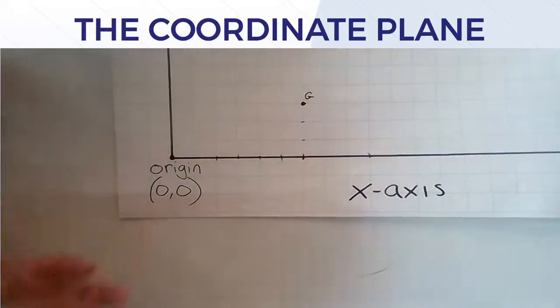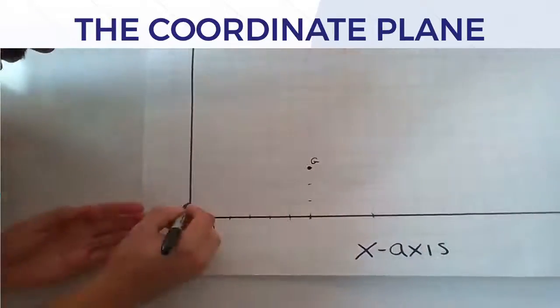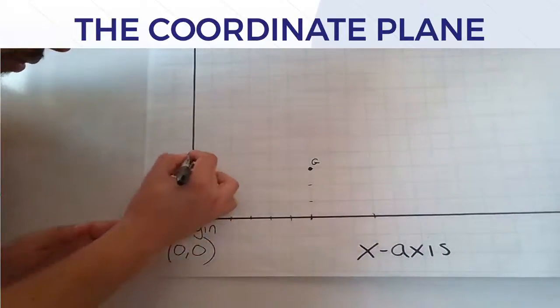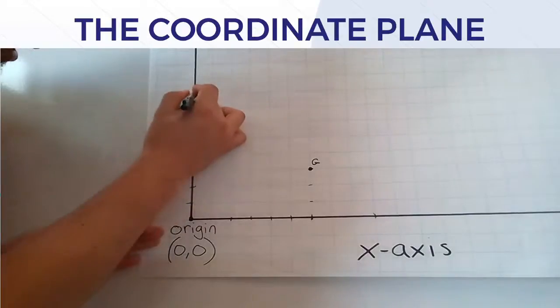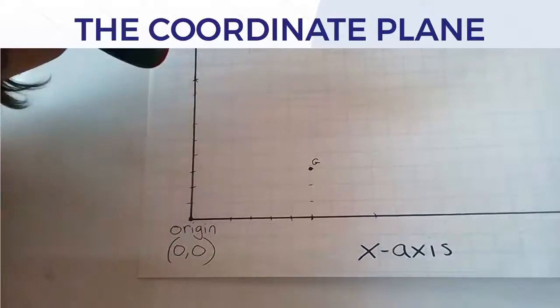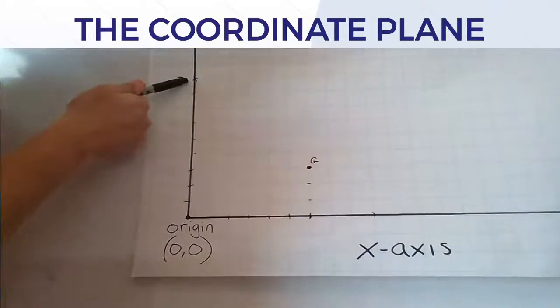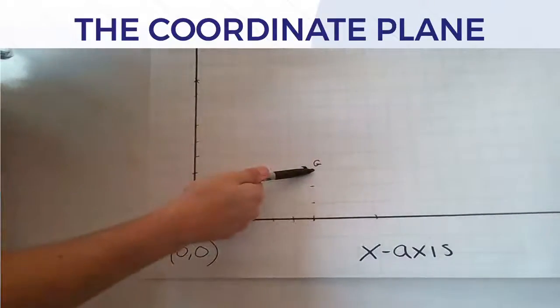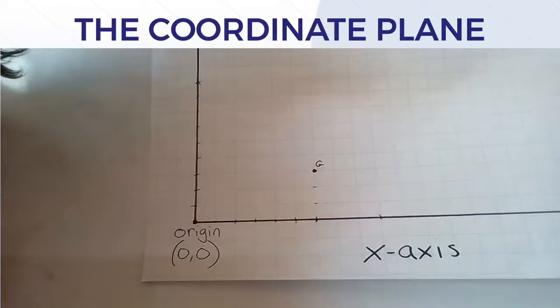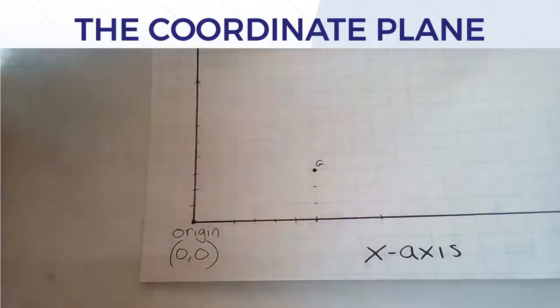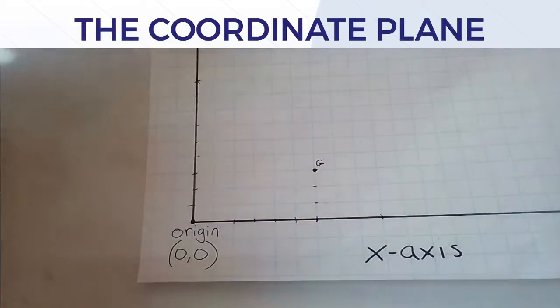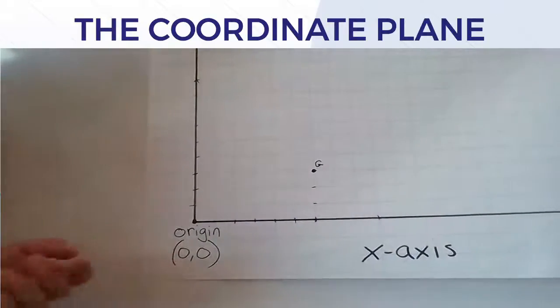No. I could go 9 blocks up. 1, 2, 3, 4, 5, 6, 7, 8, 9. There we go. Am I at the grocery store? No, the grocery store's on the other side of town, way over here. So we need to be exact and we need to be accurate when we're talking about where a point is on the coordinate plane.